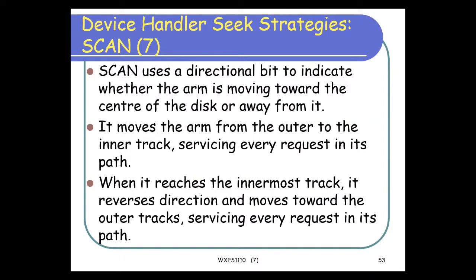Then we have SCAN. SCAN uses a bidirectional bit to indicate whether the arm is moving towards the center of the disc or away from it. It moves the arm from the outer to the inner track, servicing every request in its path.